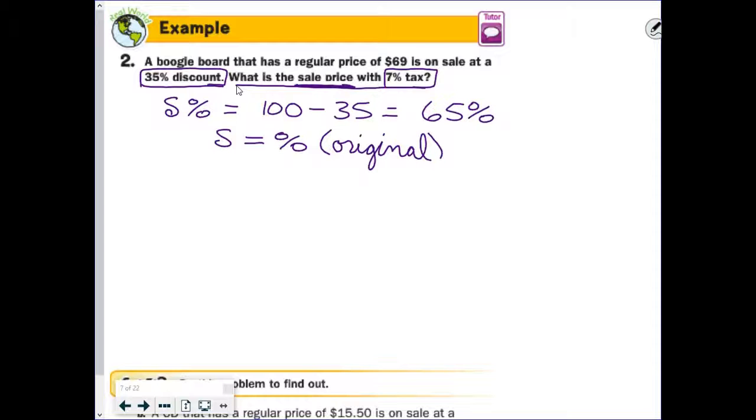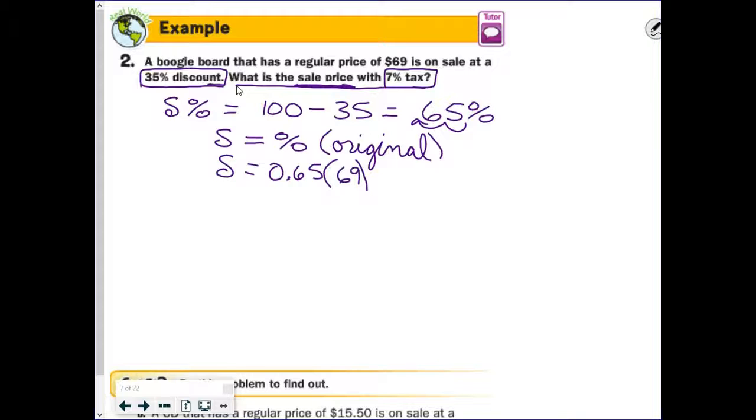So we would do our sale price equals 65%. Remember, it has to be as a decimal, so we move our decimal point 2 places to the left, never once, never 3 times, and take 0.65 and multiply it times the original cost, which was $69.